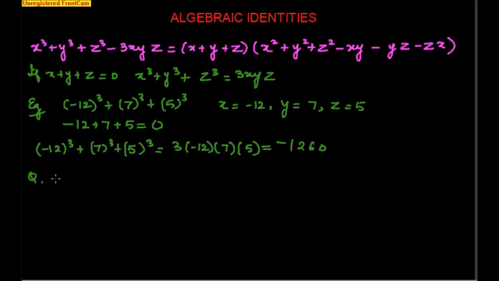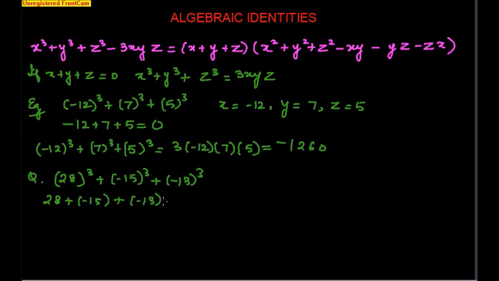Let's take another question, which is 28 whole cube plus minus 15 cube plus minus 13 cube. So now here if we add them, 28 plus minus 15 plus minus 13, you get 28 minus 15 minus 13 is equal to 0.